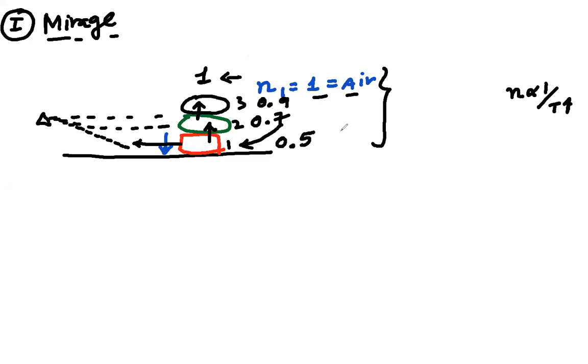Actually he will see that whenever there is a tree or some vehicle over there, its image is somehow scattered on the surface of the road, or maybe liquid is floating on the surface of the road. Such a thing is only possible because of the mirage, which is total internal reflection.